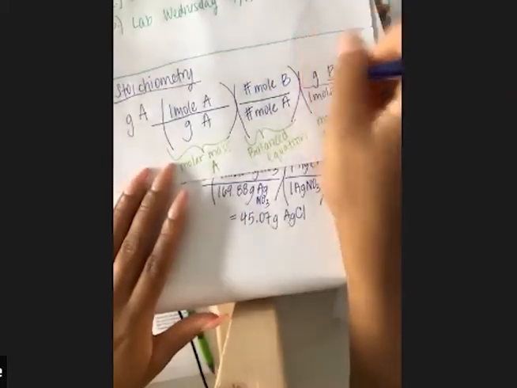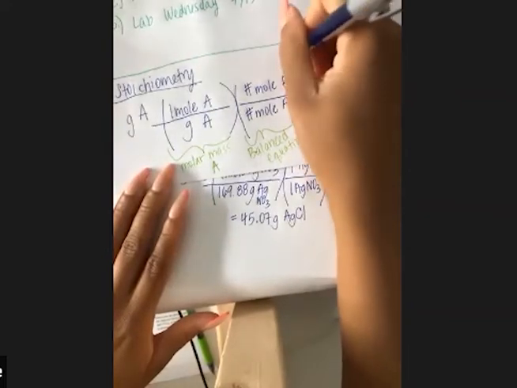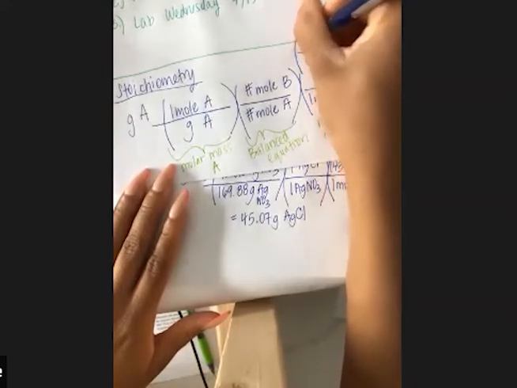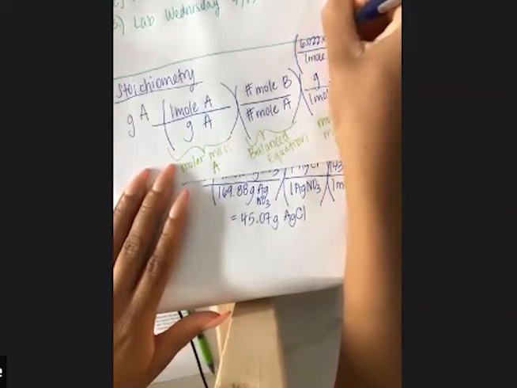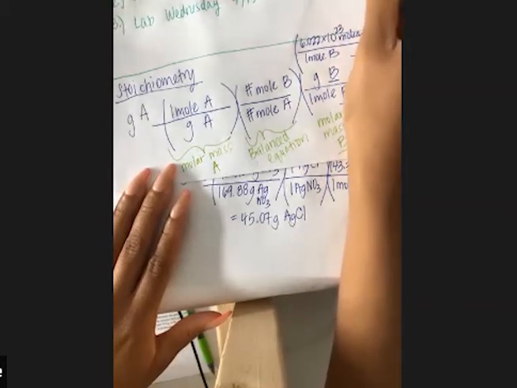Instead of saying this last step of multiplying by the molar mass, the last step would say 1 mole of B equals Avogadro's number. You get what I'm saying? I didn't want you to go there with that. Yeah, I think you just confused me too.